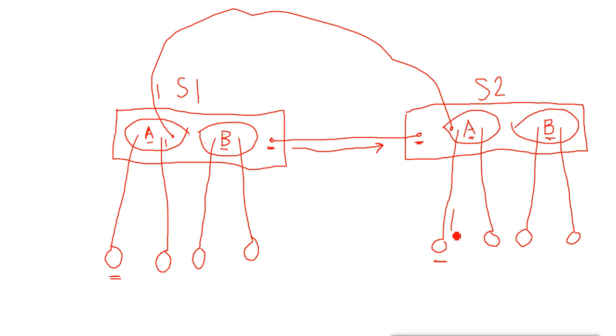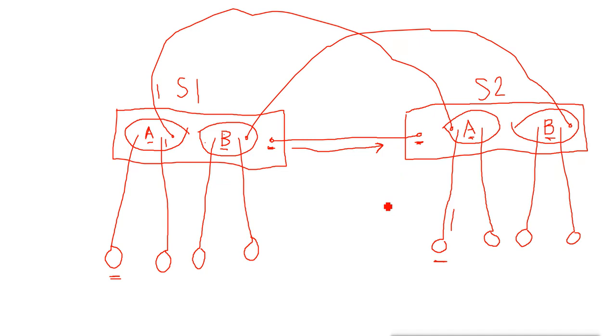But doing this is a problem, because if you want to connect VLANs one-to-one, you need one more port for each VLAN to connect to the VLAN of the other switch. Here I have only two VLANs. If I have 10 VLANs, then I need 10 extra ports to connect, and it can be very difficult. So we can't use it like this.